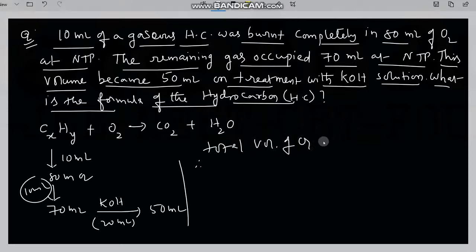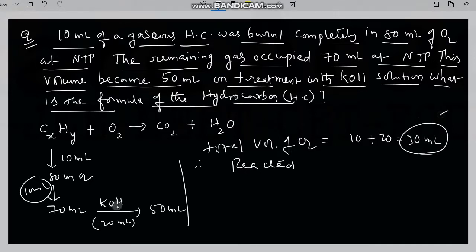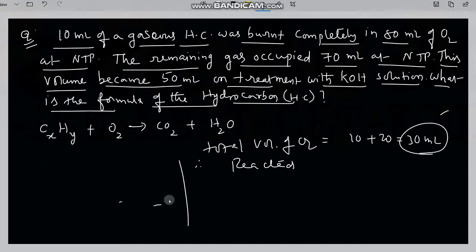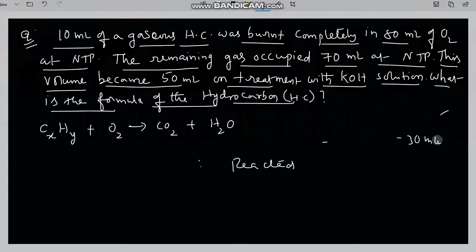Total volume of oxygen reacted in the reaction is how much? 10 plus 20. 10 plus 20 is 30 ml. Okay, this is the meaning of it. That means we can easily understand how many ml of oxygen subjected to reaction in this combustion process.